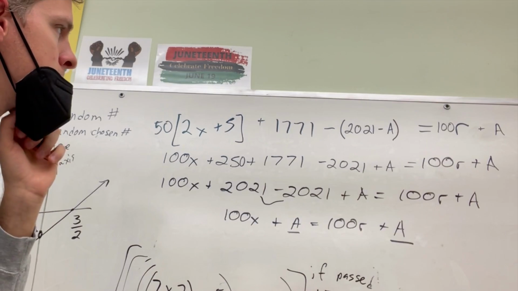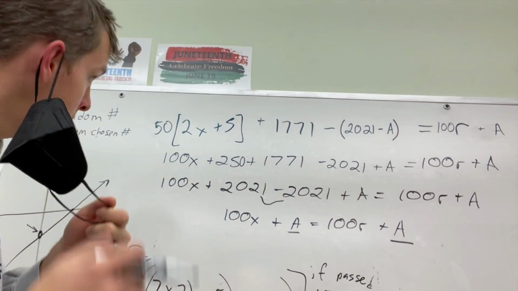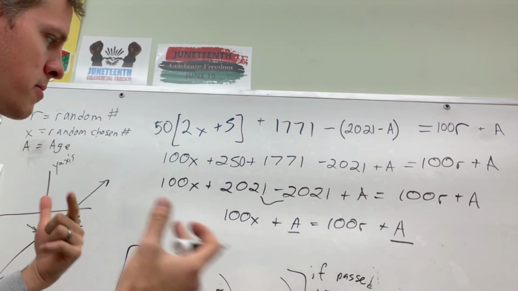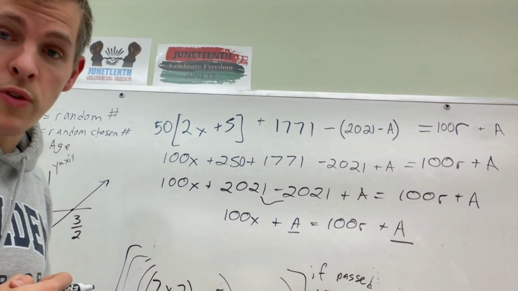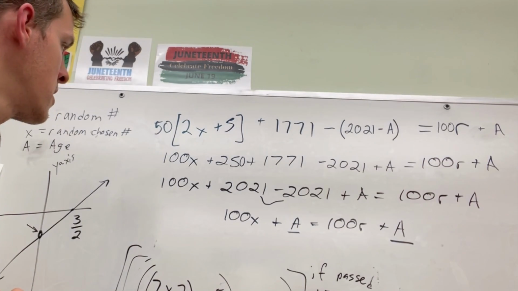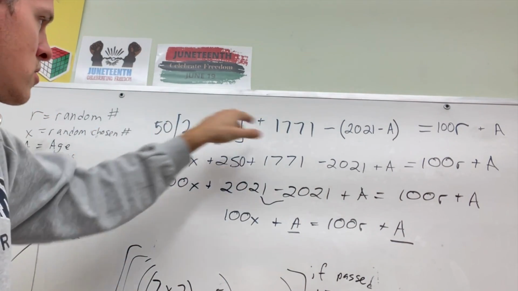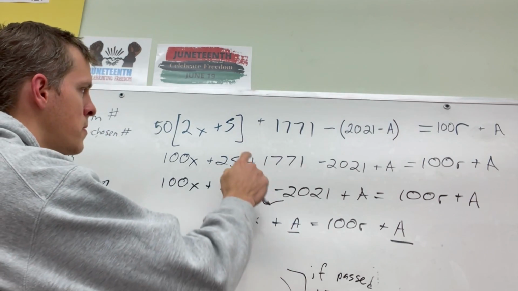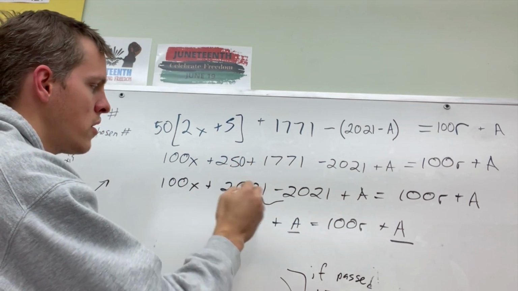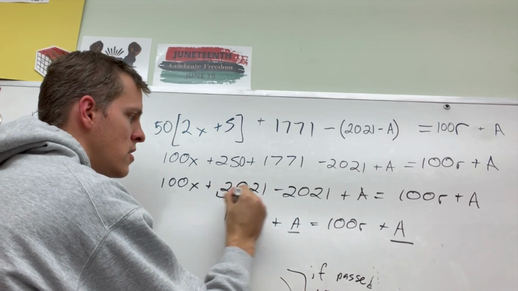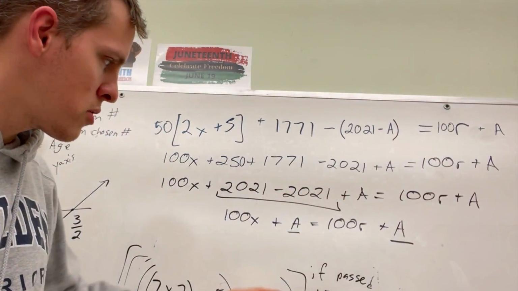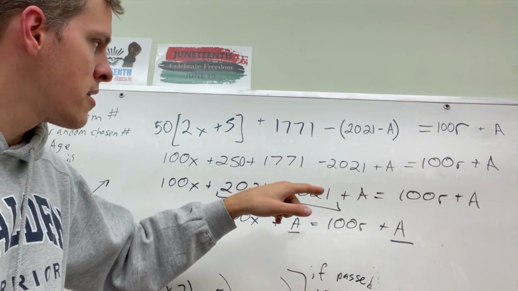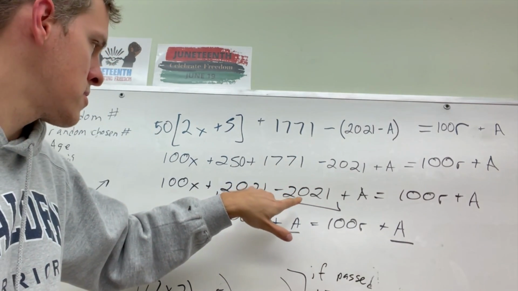So what we did was an equation was created that ended up creating some redundancies almost that ended up canceling out. So what you could do if you wanted to create your own version of this is take this equation and then just change up some of the numbers. Here are the key components. If you wanted to include the if passed, if not passed thing, you just need to make sure that the 2021 cancels out.